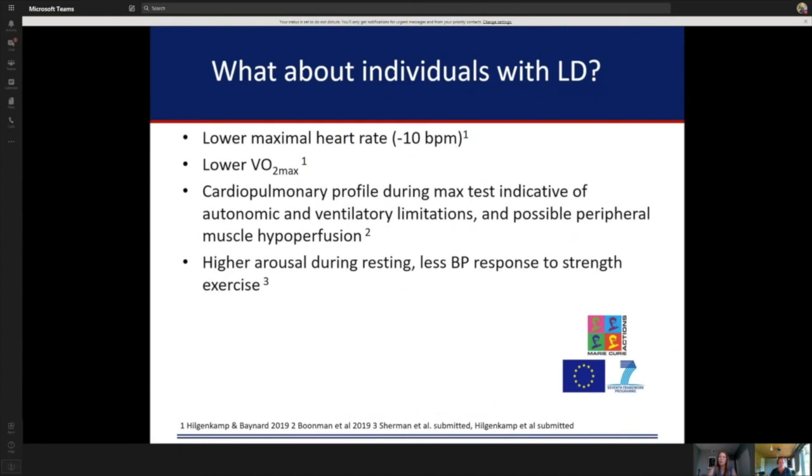But then in response to strength exercise, their blood pressure response doesn't seem to be as adequate as it is in the general population. So there seem to be more issues than we realize, even with just performing exercise or performing different tasks. And those could be related to troubles with exercising, but could also be related to a higher risk for cardiovascular disease. So that's definitely worth looking into further.